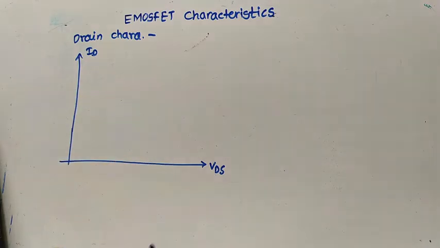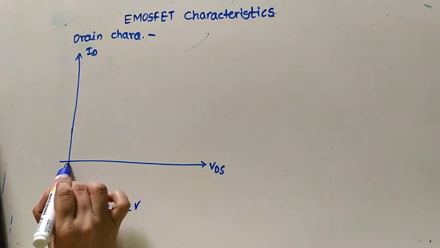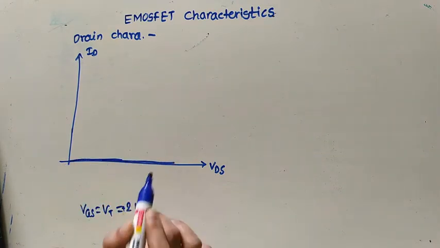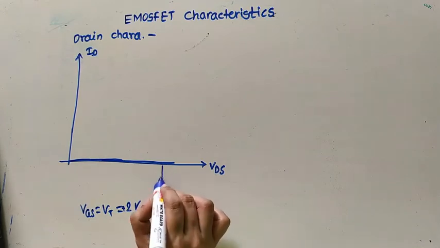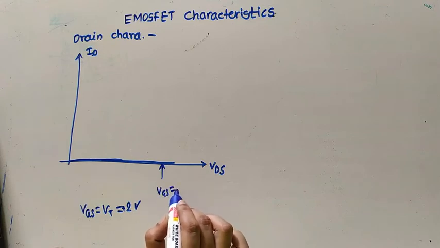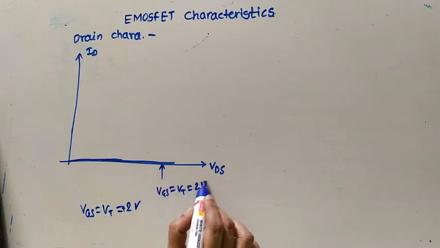So let's consider VGS equal to VT equal to 2 volt, meaning the threshold voltage for E-MOSFET is 2 volt. For that we will get the characteristics like this. This is for VGS equal to VT equal to plus 2 volt.